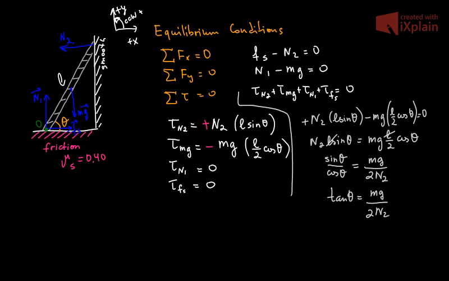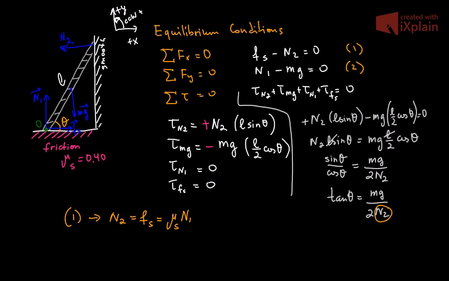Now we go back to the first equation that we had originally. Let's call it the first equation and then the second equation, and find N2 from the first equation. N2 equals the static friction, but the static friction also equals mu s times N1.